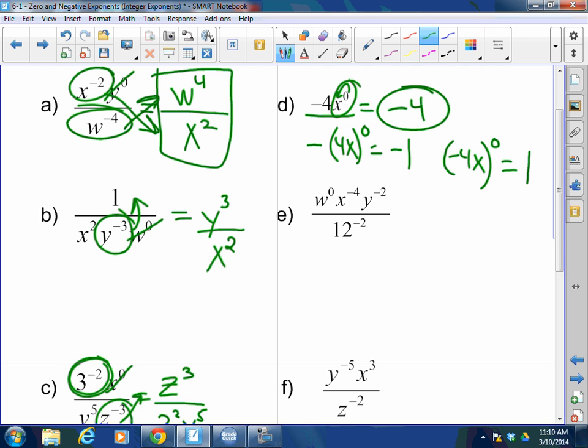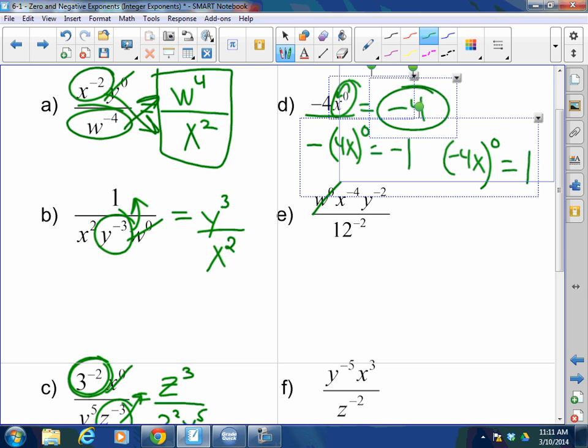Okay, so how about e? I got w to the 0, x to the negative 4, y to the negative 2, over 12 to the negative 2. Yes, sir. W to the 0 equals 1. Very good. X to the negative 4th comes down as x to the 4th. Good. Y to the negative 2 comes down to the denominator.